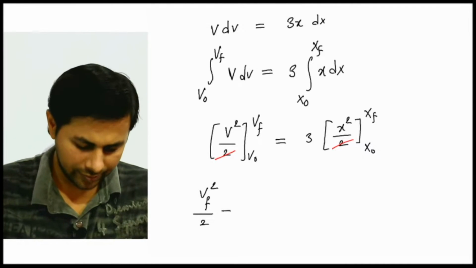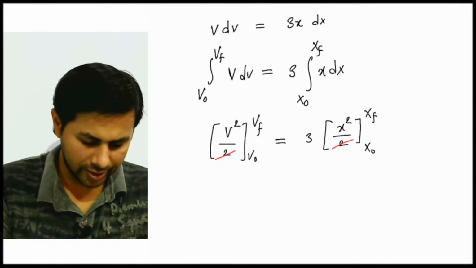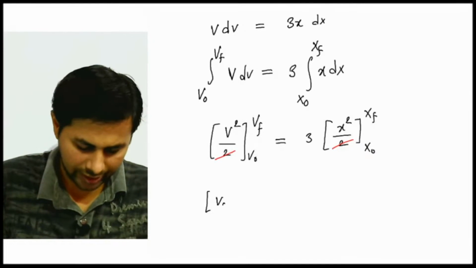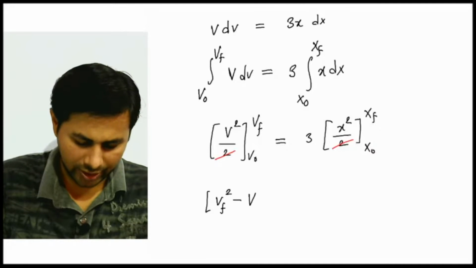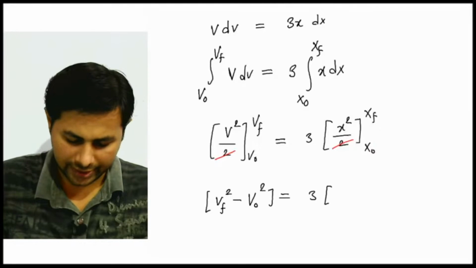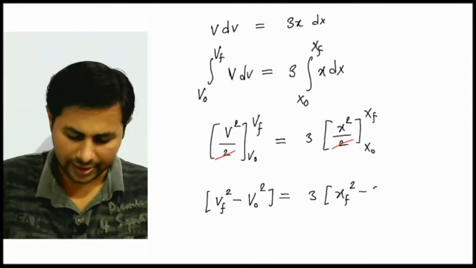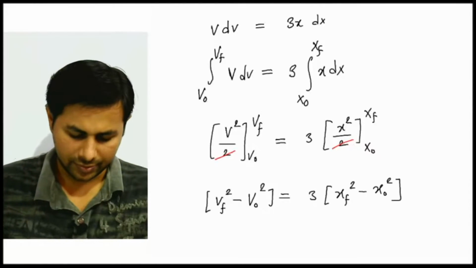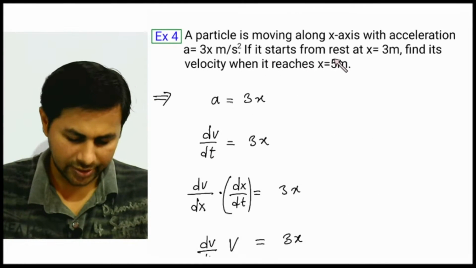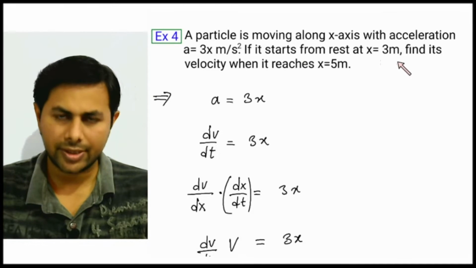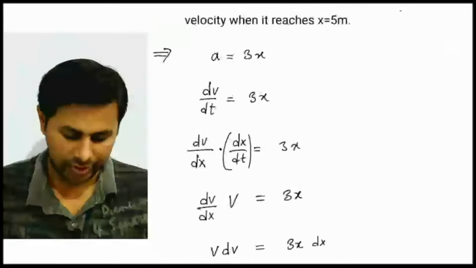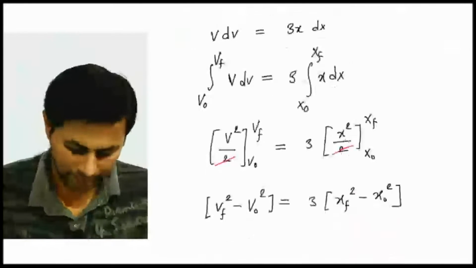So it gets cancelled out and we are just left with v squared. Okay, so then we have vf squared minus v naught squared is equal to 3 times xf squared minus x naught squared. Okay, so we are given that particle starts from rest at x equals to 3 meters and the final position is x equals to 5 meters and we have to find out its velocity.